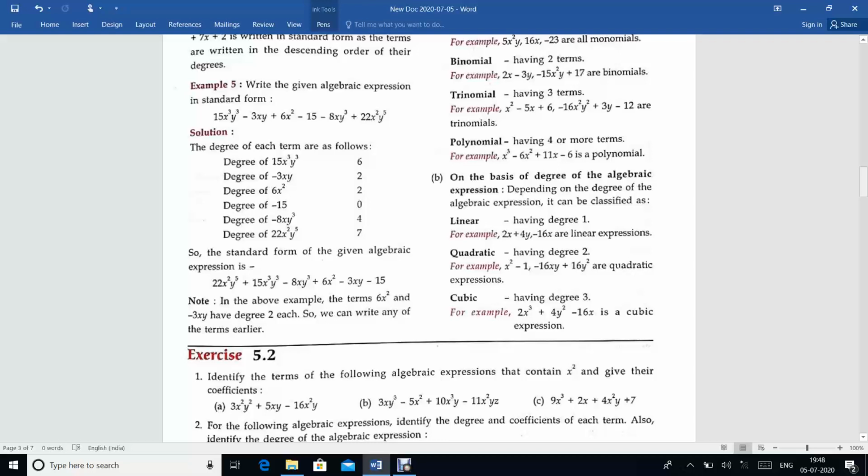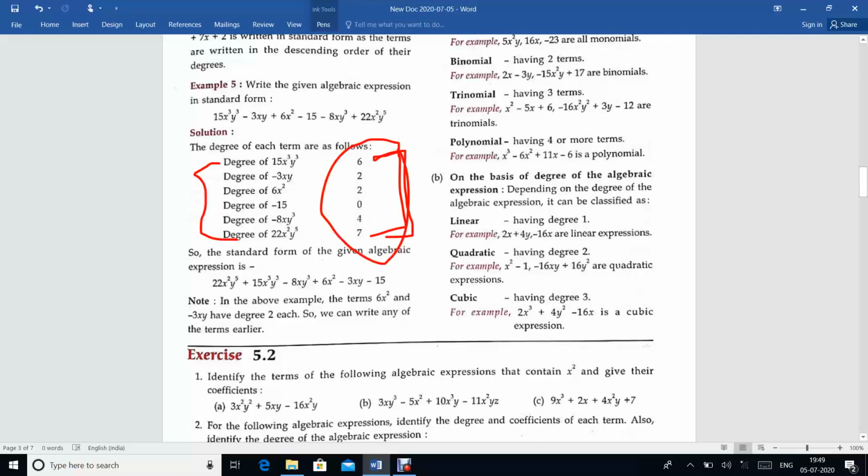As you can see here, firstly we found the degree of each term. After that we will arrange them in descending order of the degree.